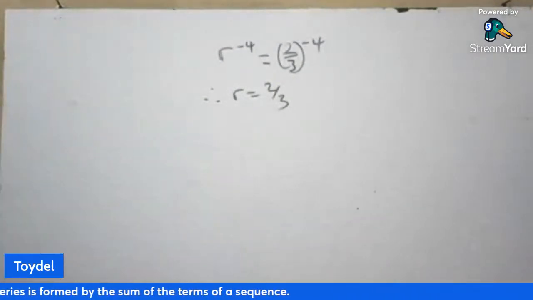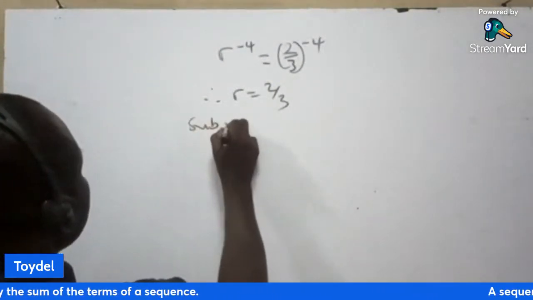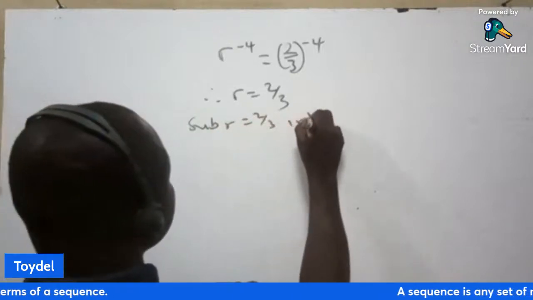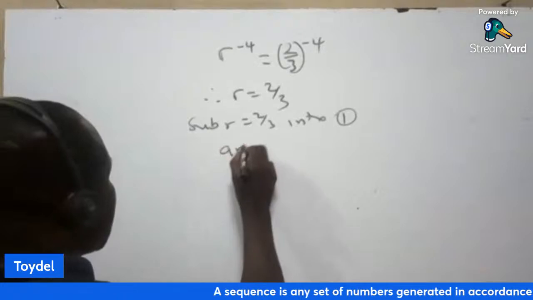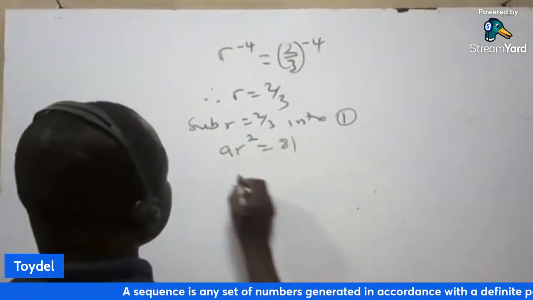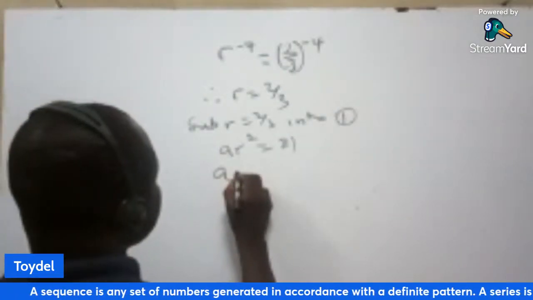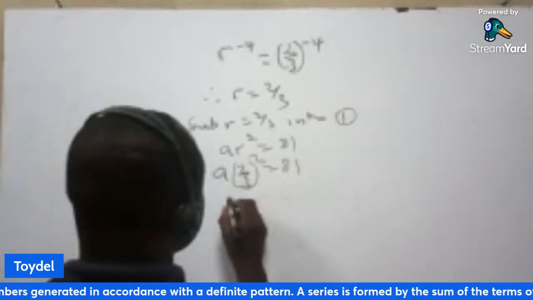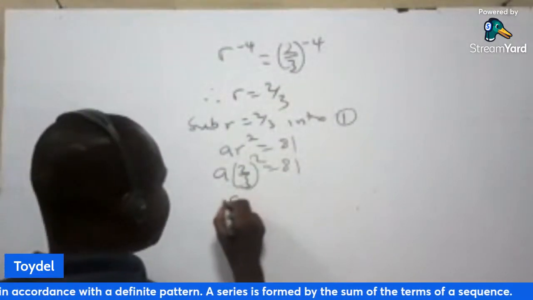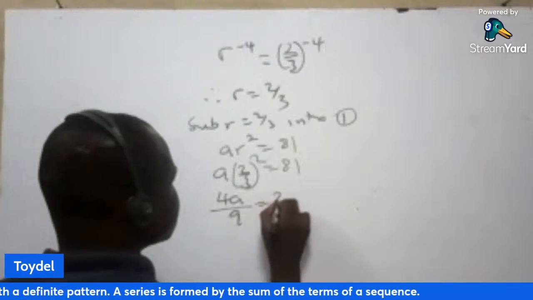So we know R. Then we substitute R is equal to 2 over 3 into equation 1. What is equation 1? AR squared is equal to 81. Then here we have A multiplied by 2 all over 3 squared is equal to 81. So we have 4A all over 9 is equal to 81.